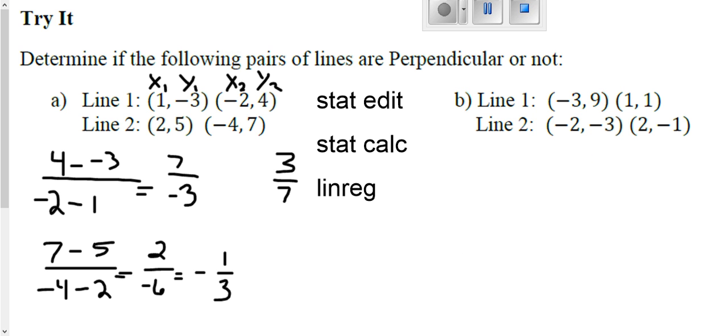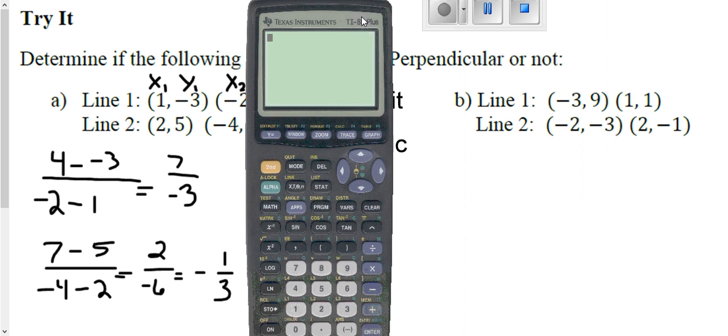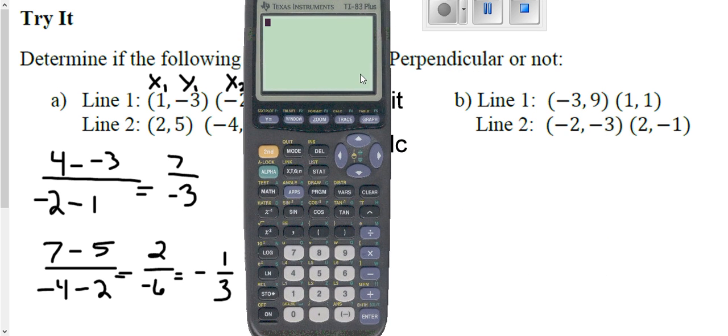I'll try with the calculator again, see if we get some nasty little fraction or not. So again, it's not always the best to use this StatAdd and StatCalc, but we'll give it another shot here. Stat, edit, clear it out. All right, so my x's are -3 and 1 in that first line.